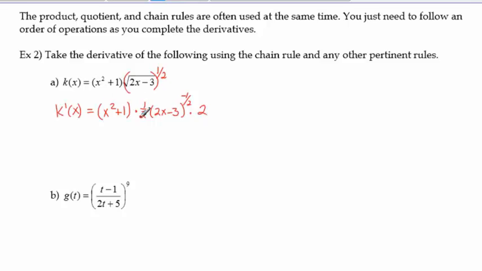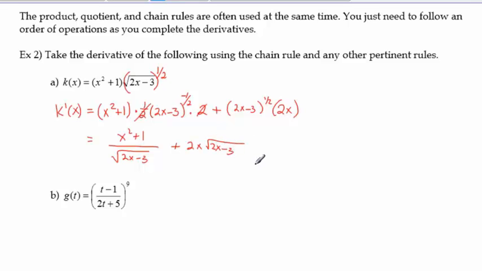So here's the first times the derivative of the second plus the second times the derivative of the first. And the derivative of x squared plus 1 would be 2x. So I'm going to cancel these just because this is kind of begging to be rewritten here. And my derivative would be x squared plus 1 over the square root of 2x minus 3, plus 2x times the square root of 2x minus 3. And there's your derivative.